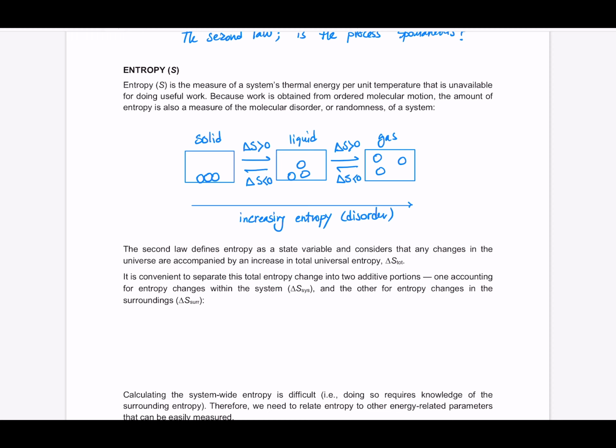So what the second law says is that for anything to be spontaneous, it must result in increasing the entropy of the universe. The entropy of the universe is always increasing.